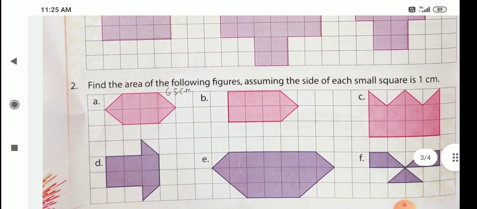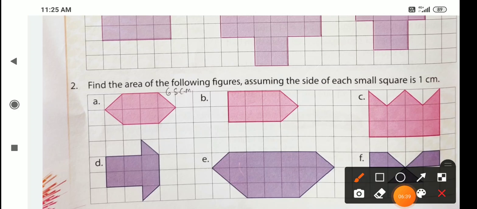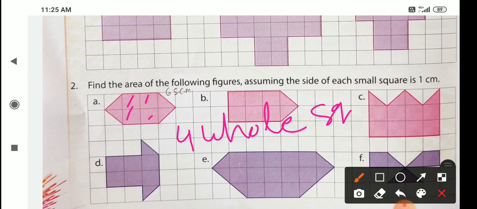Then number 2, find the area of the following figures assuming the side of each small square is 1 centimeter. Here, children, you have to see some are half squares and some are full, whole squares. Here, children, 1, 2, 3, 4. There are 4 whole squares, isn't it? And how many are half squares? 1, 2, 3, 4. 4 half squares.